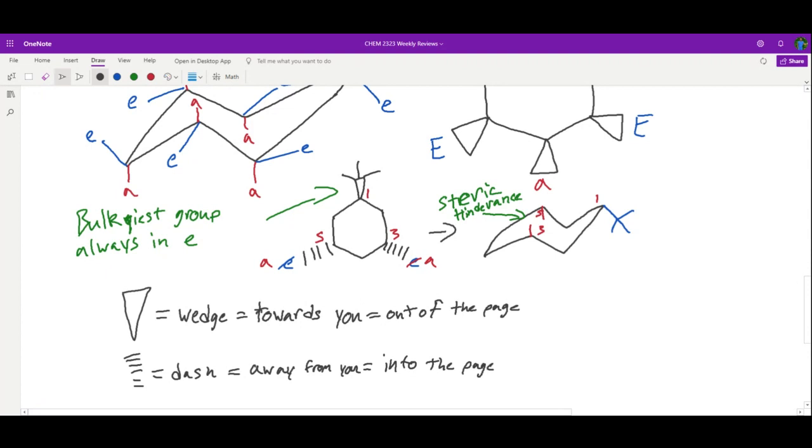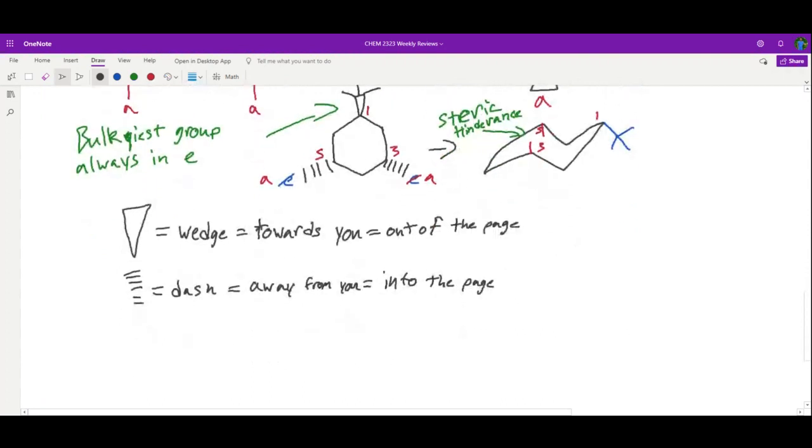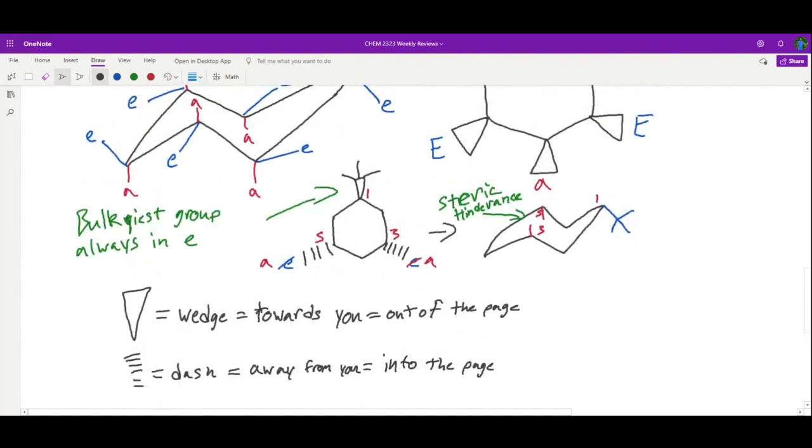Wedges and dashes don't necessarily equal axial or equatorial. So this does not equal axial or equatorial, and neither does dash. Don't automatically assume wedge means axial or dash means axial. It doesn't work that way.